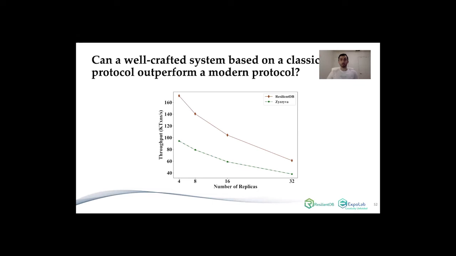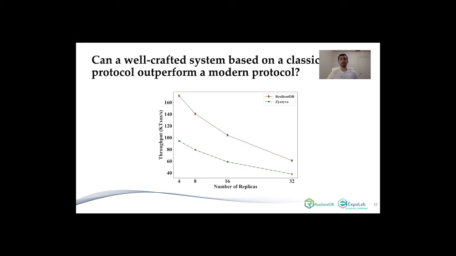The whole purpose of this design is to show whether a well-crafted system based on a classic BFT protocol can outperform a modern BFT protocol. As you can see in this image, the green one is Zyzzyva and the brown one is ResilientDB, which is using PBFT.